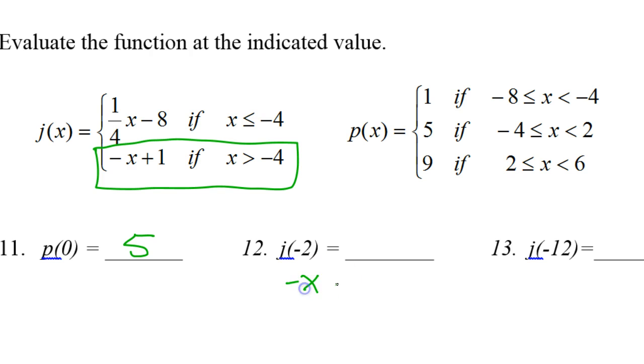So we're going to be using -x plus 1. Now when I see a -x, I actually think in my mind the opposite of x. So x is -2. What's the opposite of x? +2. So I really have +2 plus 1, which is 3.